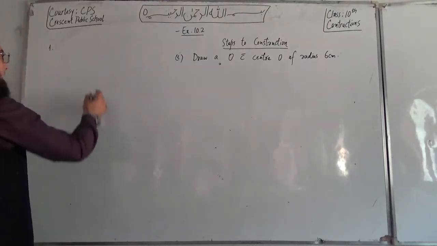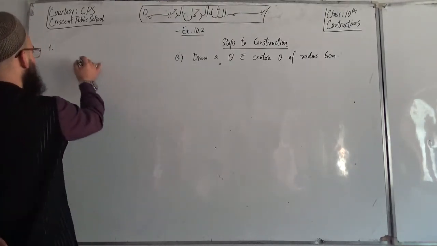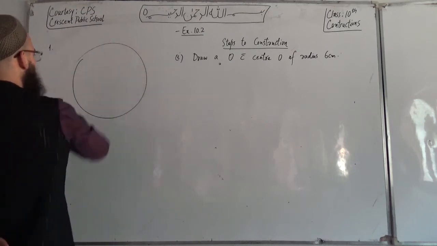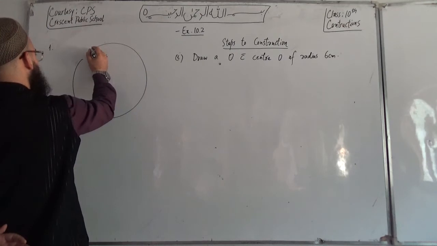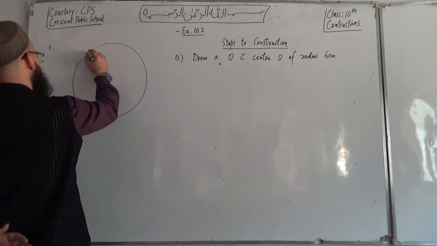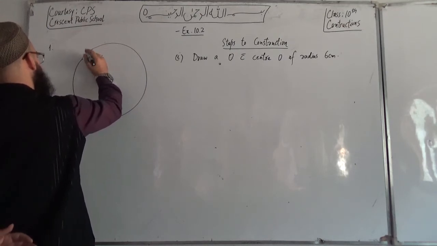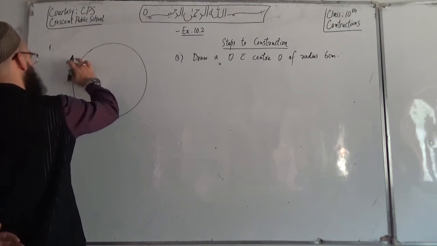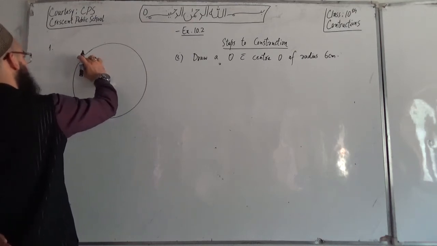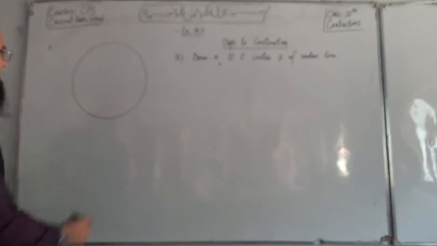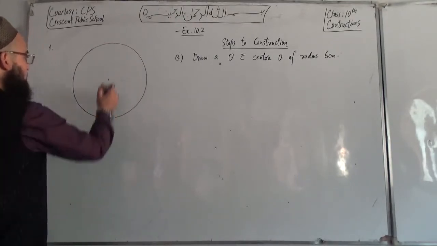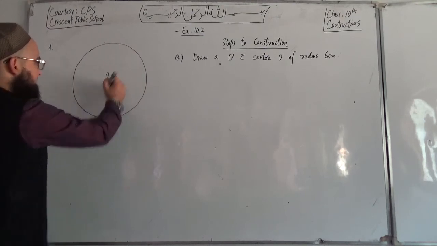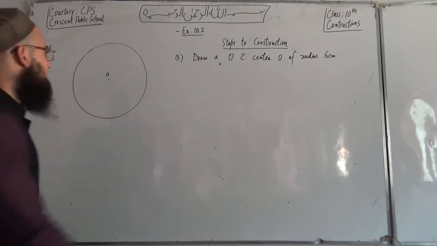So let us draw it. Circle of radius 6 centimeter. Let us say this is a circle with center O of radius 6 centimeter.